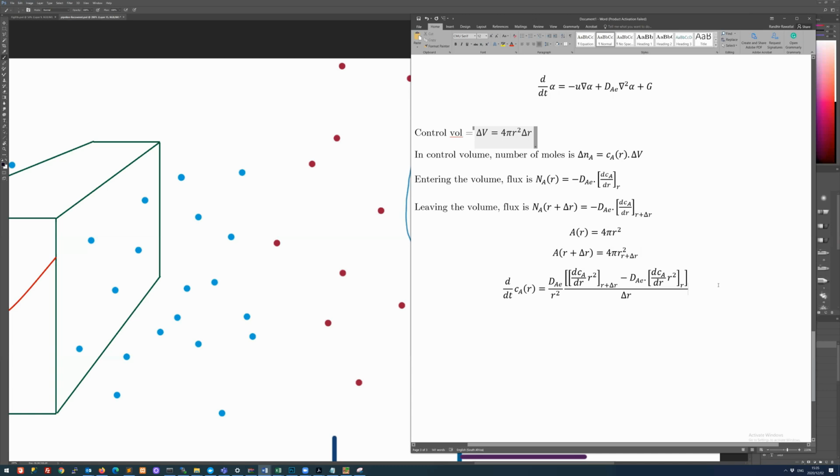It's going to be the same as what we saw for nabla squared. So it's dCa/dt equal to 1 over r squared, and then you're going to have here d/dr of this function, right? That's after you take the limits.